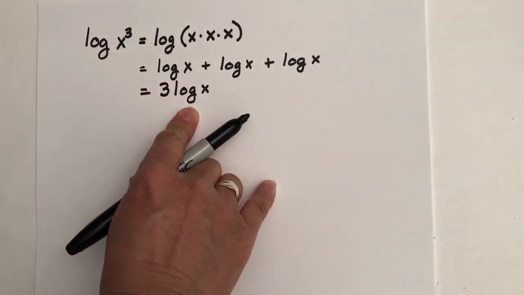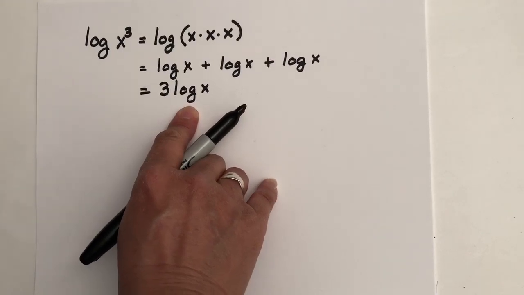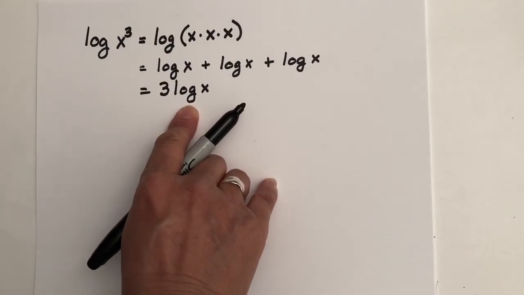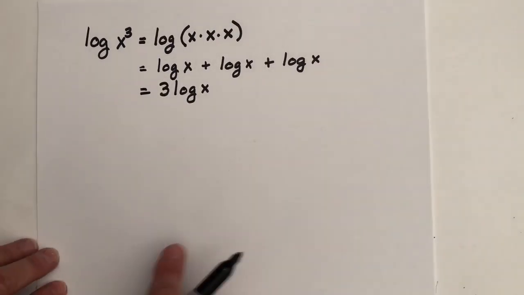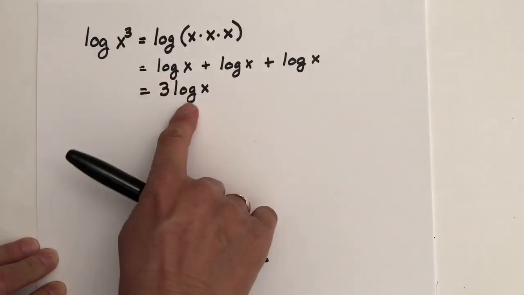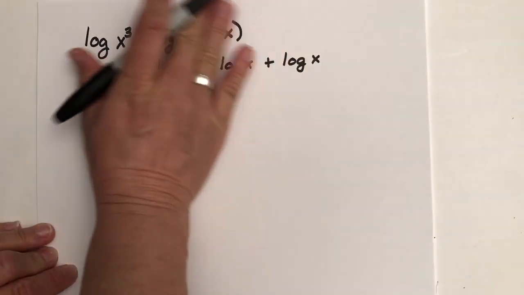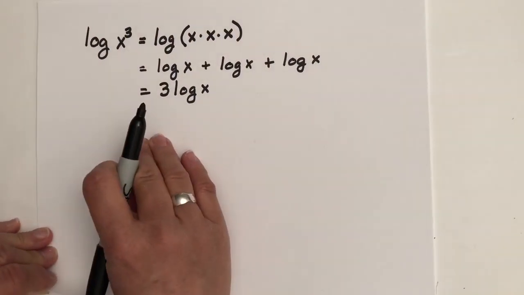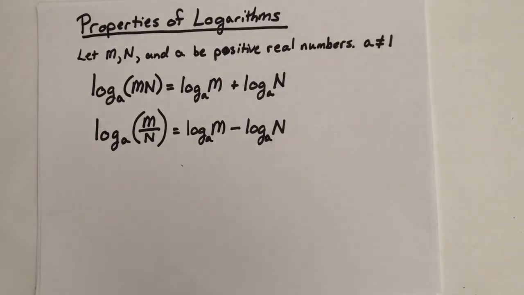Again, this doesn't prove anything, but it suggests our third big property of logarithms, and that is the log of a power equals the product of the power and the log. And this represents an example of our third property that I'm going to write right here.